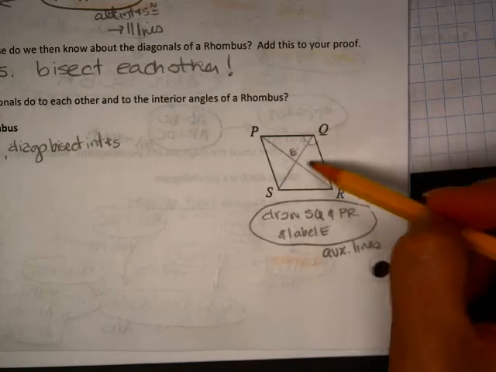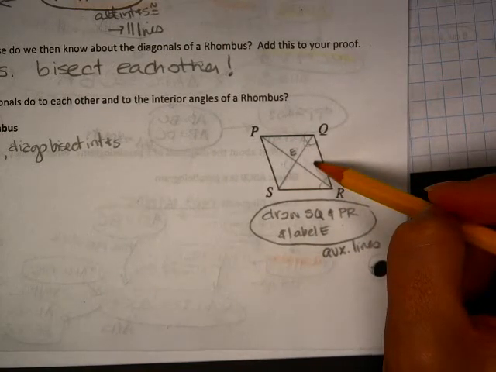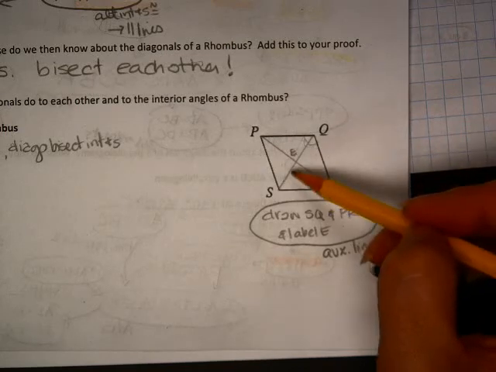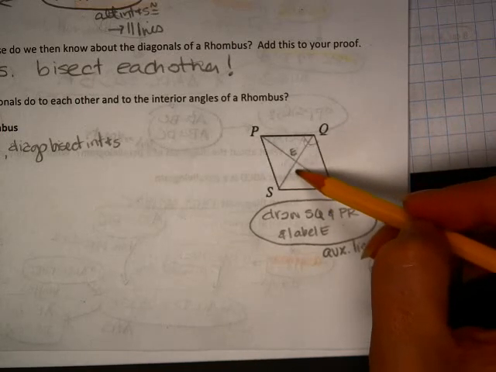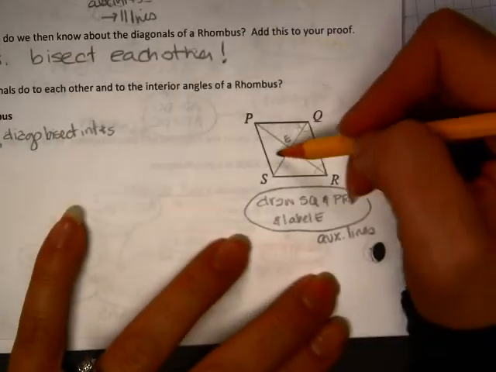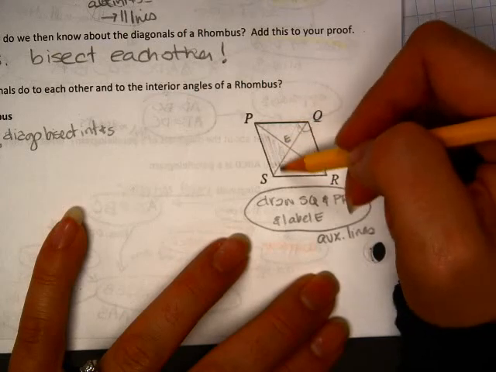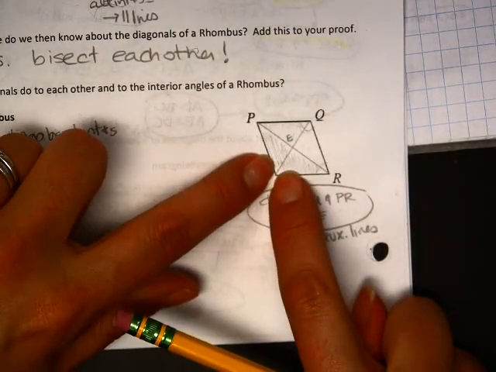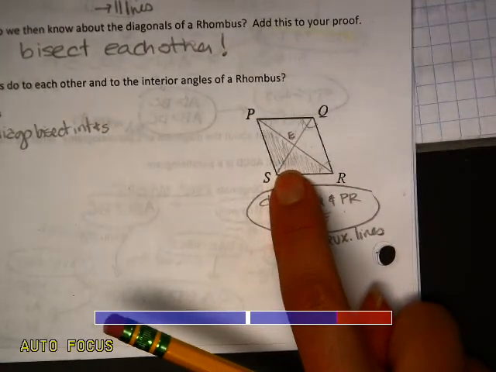Now, this is the toughest one yet in terms of choosing the triangles to prove congruent. If I prove these two triangles congruent, which are, and I can, I'm going to have a really tough time saying that these two angles are perpendicular to each other and that these two angles are the same. What I really want to do is prove two of them right next door to each other, because then I can say that that's been bisected because it's been cut in half. This is a little bigger.